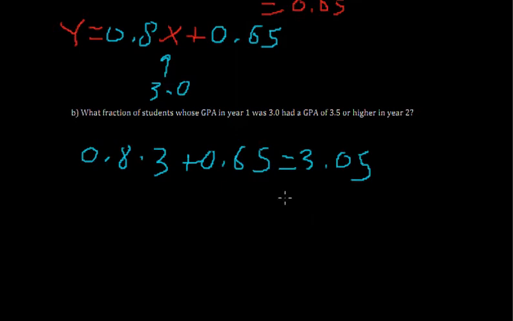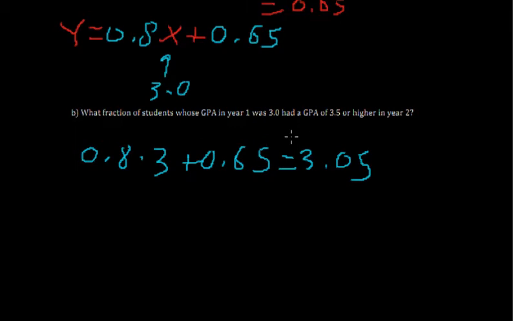So this is the average. If a bunch of students have a GPA of 3.0, then on average we expect their GPA to be around 3.05 in the second year. And this is our best guess if we had to give a single number for what we think the student's GPA will be in the second year if he had a GPA of 3.0 in the first year.